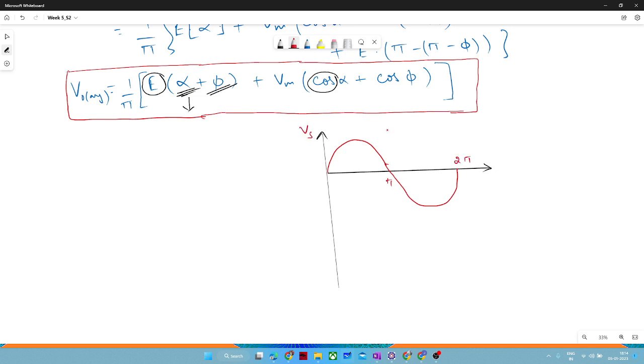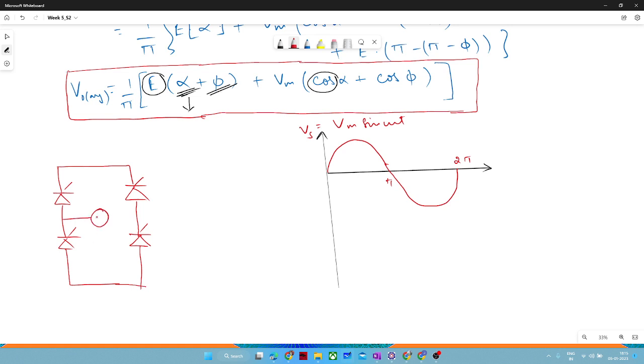This is Vs, and it follows Vm sine omega t. Now I will draw the circuit again. If you have the circuit in front of you, it would be really easy to draw for any kind of load. That's why I am drawing here.